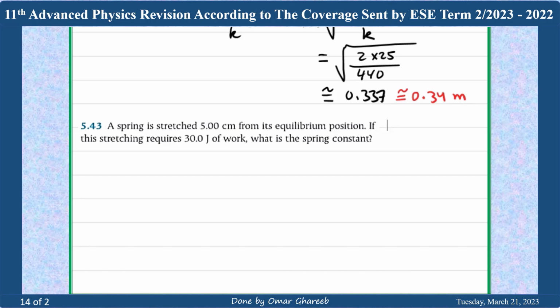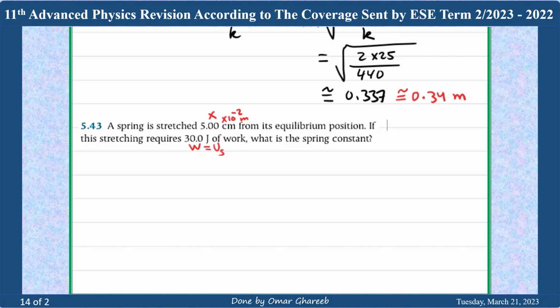So this is x, and it is in centimeters, so it should be multiplied by 10 to the power minus 2 meter from its equilibrium position. If this stretching requires 30 joule of work, this is the work, and we discovered before it is the potential energy stored in the spring. What is the spring constant?